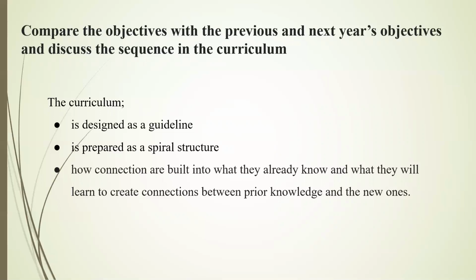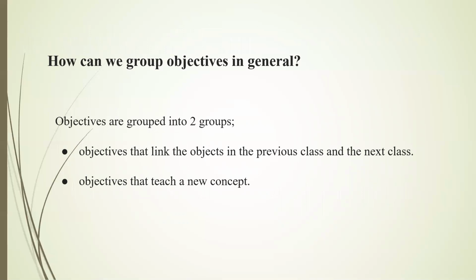Because of that, we compare these divided objectives to see how connections are built between what they already know and what they will learn, to create connections between prior knowledge and the new ones.